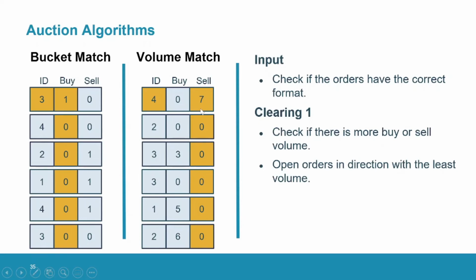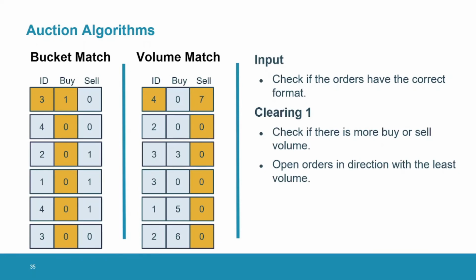And for the orders that actually have some volume in this direction we just opened, we also open the ID, since they will be trading this volume. Now, in the previous work, instead of opening the orders in the direction with the least total volume all at once, we would actually be opening each order one by one and performing a comparison for each open order.